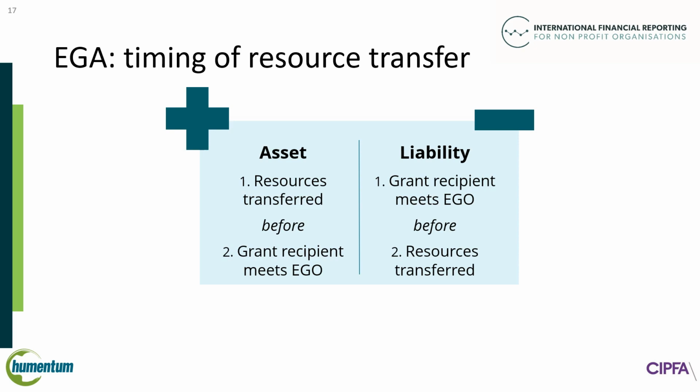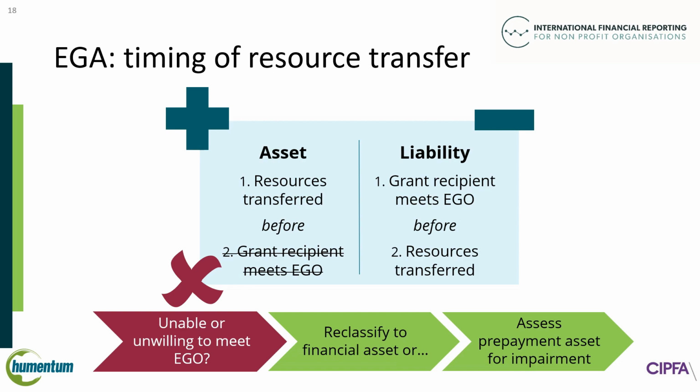If a grant recipient meets an EGO before the grant-providing NPO transfers resources, the grant-providing NPO will need to recognize a liability. This will reflect what it owes for each of the EGOs that have been met. The grant-providing NPO will need to recognize a corresponding grant expense. This will be measured at the amount of the resources that the grant-providing NPO is obligated to transfer.